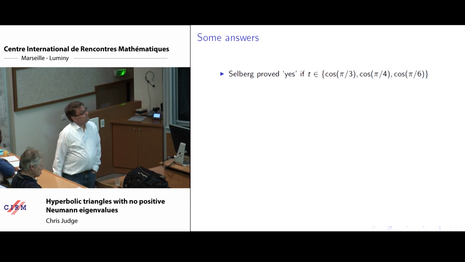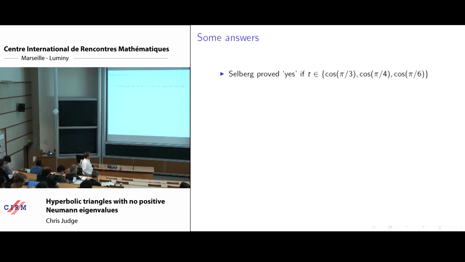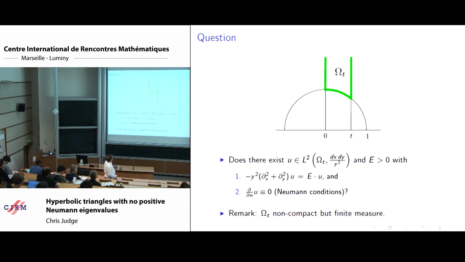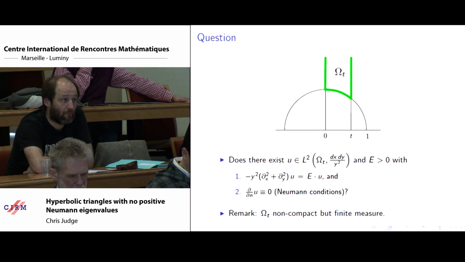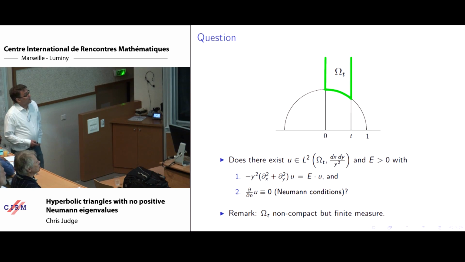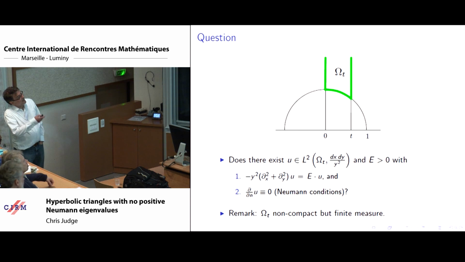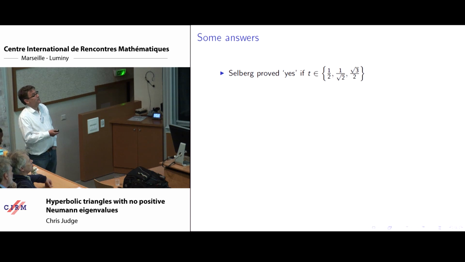And pi over 3, pi over 4, pi over 6, those are just the angles in the right corner, that's just the angle of that side. So if you have that angle down there, this angle is pi over 3, pi over 4, or pi over 6. The answer is yes. And in fact, not only yes, but there are lots. There's countably many.